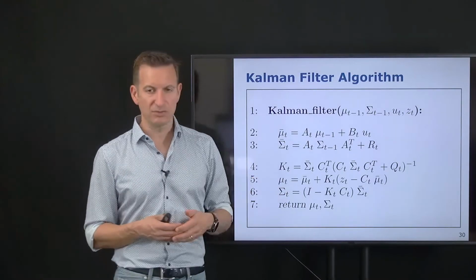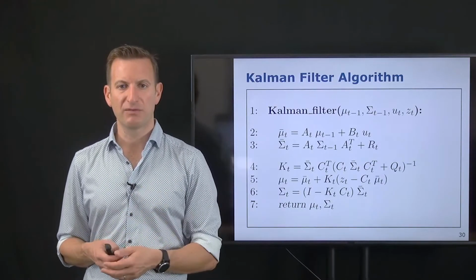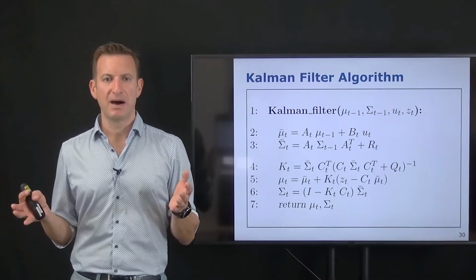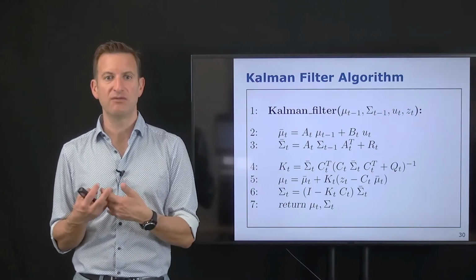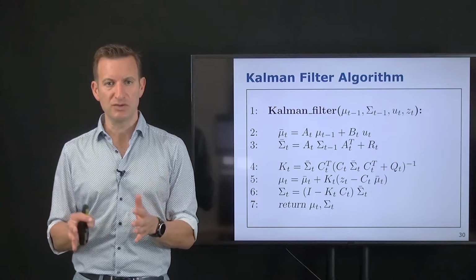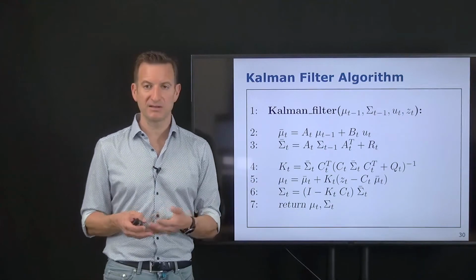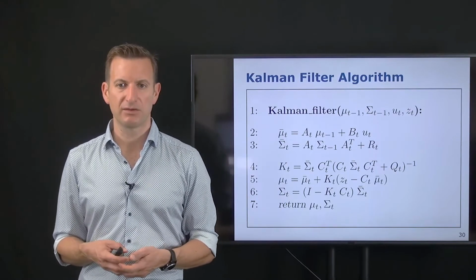And then I need to update not only the mean, I also need to update my covariance matrix, because through the observation my uncertainty typically decreases. I get new information into the system, and therefore the uncertainty typically reduces. This needs to be appropriately updated so that the uncertainty in my current belief is appropriately taken into account.